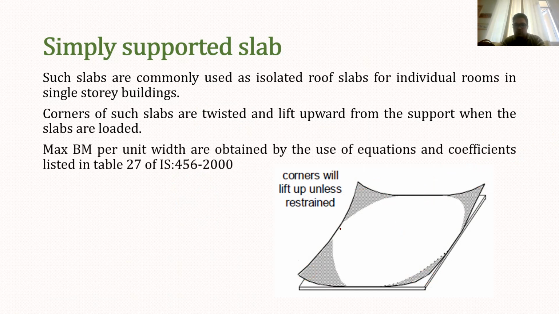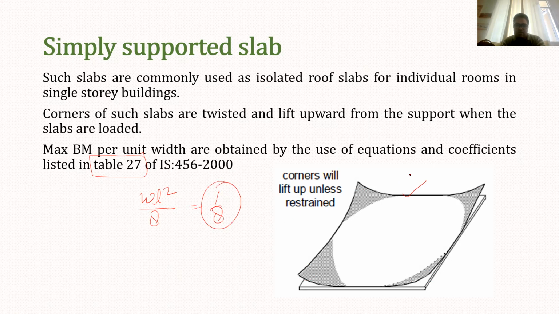So basically, to calculate bending moment in the simply supported slab, we can refer to table number 27 of the IS code. We know that the maximum bending moment for a beam with UDL over the whole span is WL square by 8. Here 1 by 8 is basically the coefficient, which is called the bending moment coefficient.